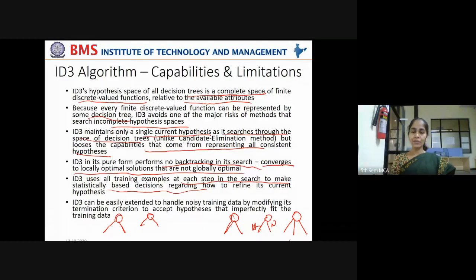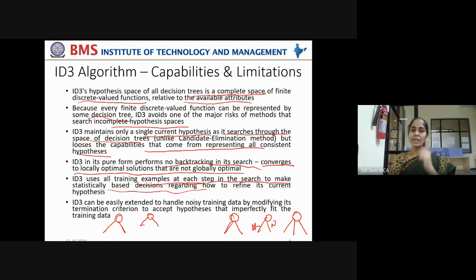You're checking each and every training example. That is why ID3 uses all the training examples at each step, at each node, at each split point, in order to select the split point and make statistically based decisions. What are the statistically based decisions? Entropy and information gain. These are statistical measures which help to refine its current hypothesis by selecting the best attribute as the split point, which gives the better classification, right?